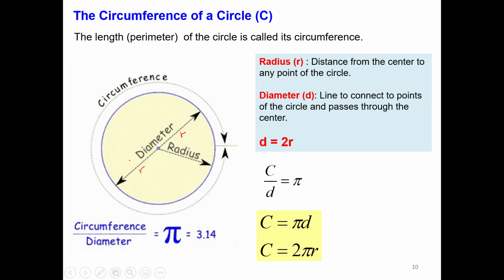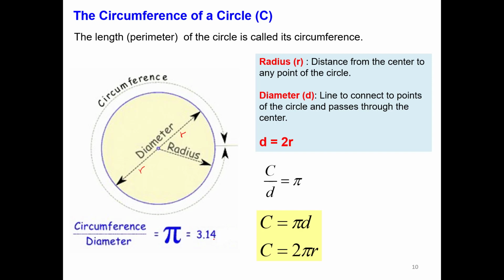Then one thing that was found is if you divide the circumference, this length, by the diameter, for any circle this ratio equals 3.14. In the next slide, you will see a video that will help you understand why the circumference divided by the diameter always equals 3.14.